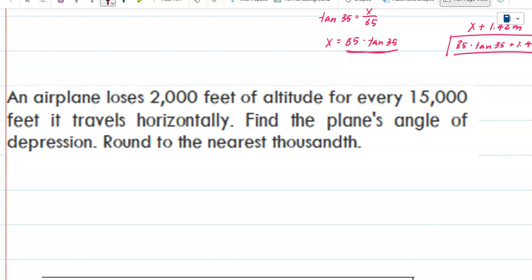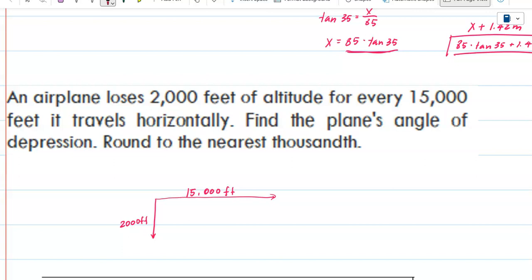So as an airplane is going horizontally 15,000 feet, it's also losing altitude, 2,000 feet. That's a linear function.